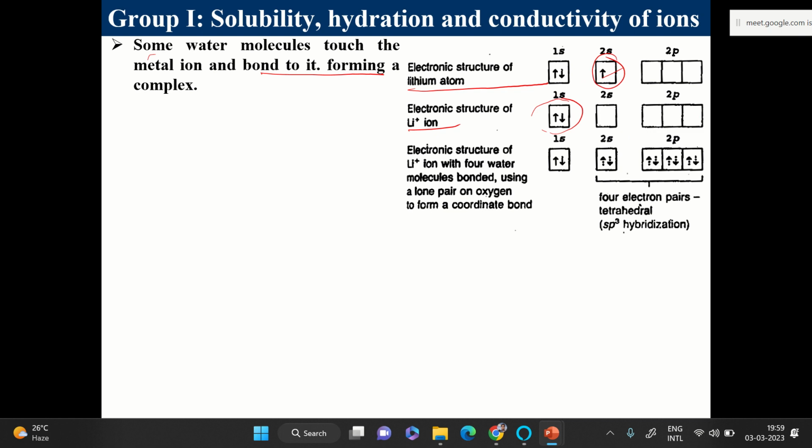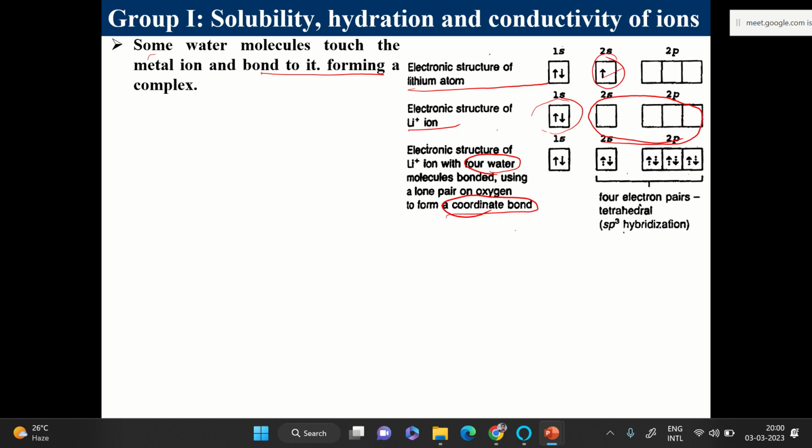Now, if we think of sp3 hybridization, then 4 orbitals of equivalent energy can be prepared, and into each of these orbitals, 4 electron pairs coming from water donate their electrons. So a covalent coordinate bond is formed. A coordinate bond is essentially similar to what we have discussed in covalent bonding.